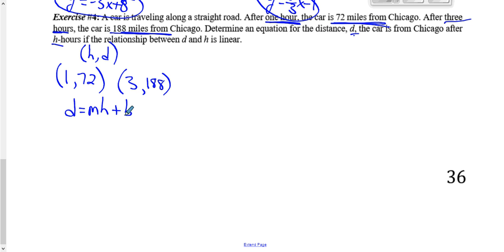H is the input x, d is the output y, right? So it's the same as with x and y, they're just using h and d. Okay, so what two things do we need? We need m and b, right?